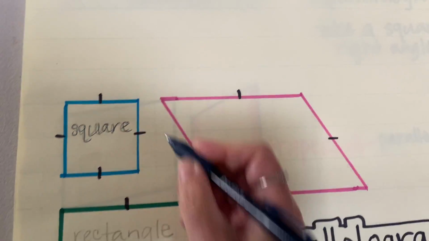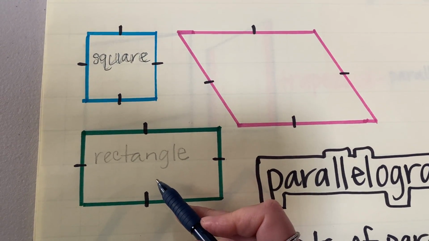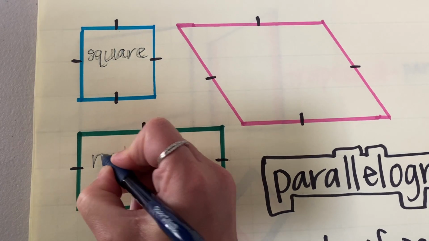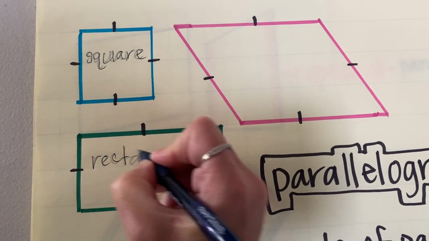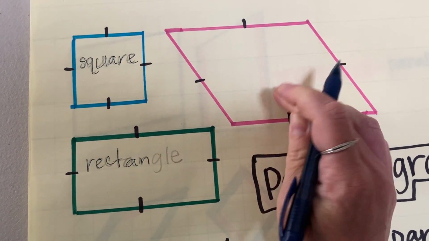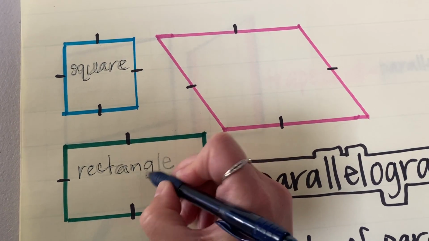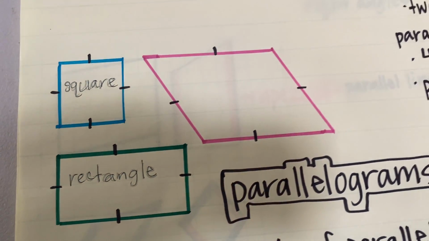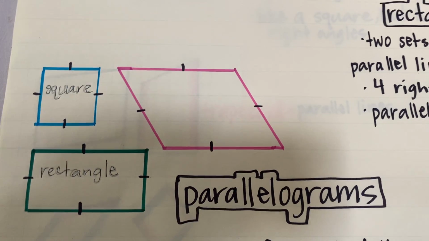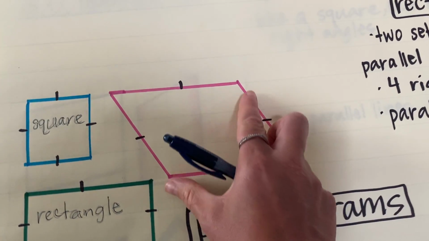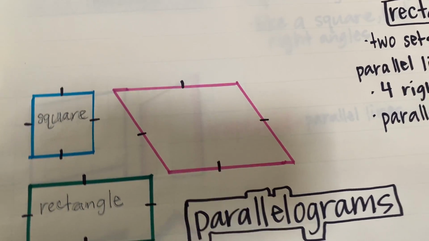A rectangle is a parallelogram. It has two sets of parallel lines. And this familiar shape, we can call it a parallelogram. We can also call it a rhombus, depending on how stretched out it is and whether it has that line of symmetry.